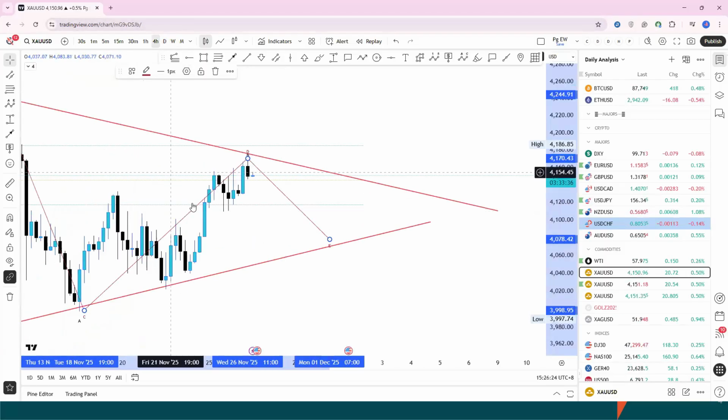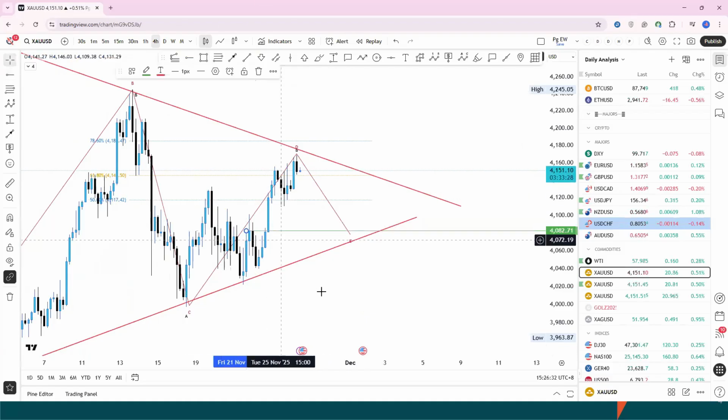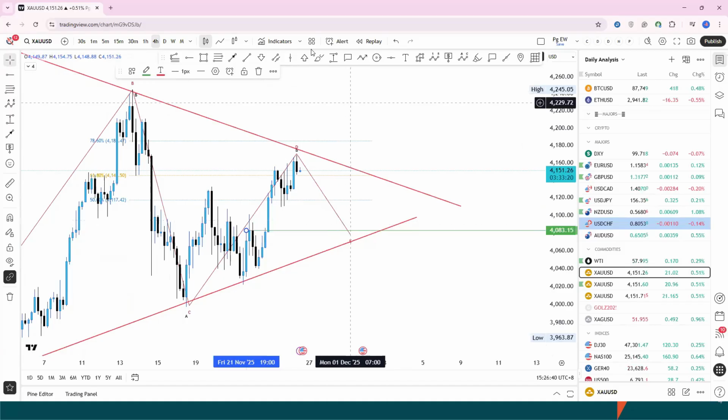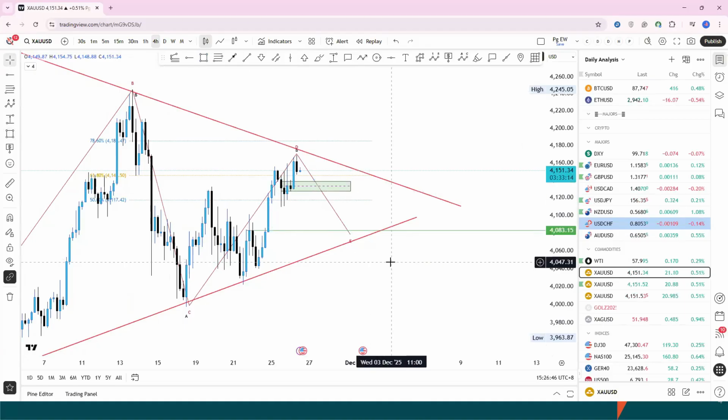So if price gonna reverse from here, I think you might gonna see the pullback to this level or somehow in H4 around these zones, around this support level, and it's also close to the channel. Okay, but keep in mind there might be some bounce from this demand zone as well.